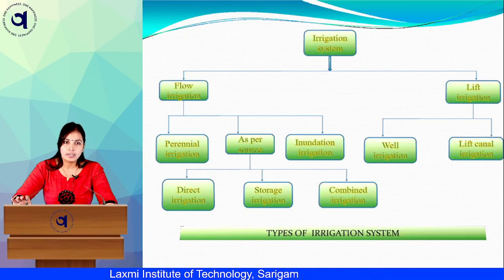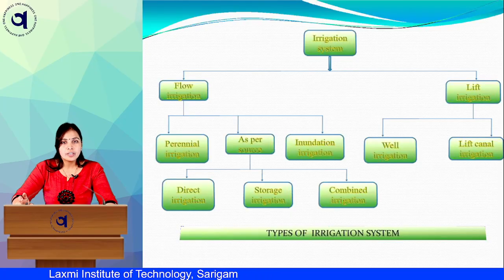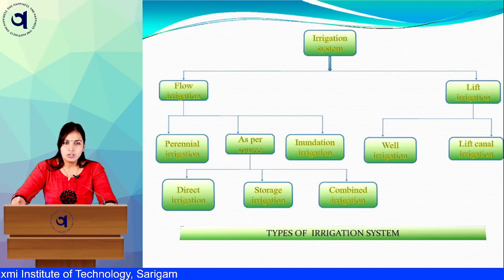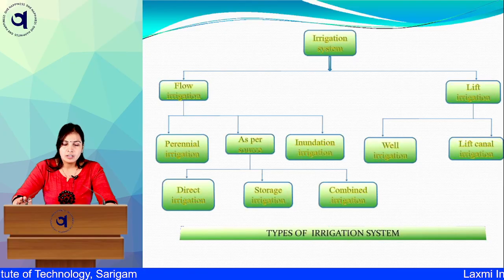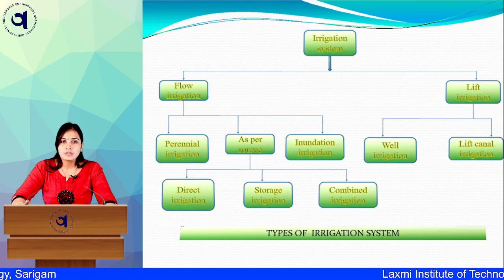Inundation means seasonal. For example, in the monsoon season you are having rainfall, so the government will not supply you water in that season. But in summer and winter, if you don't have rainfall, they will supply the water to you. So this is called inundation irrigation.